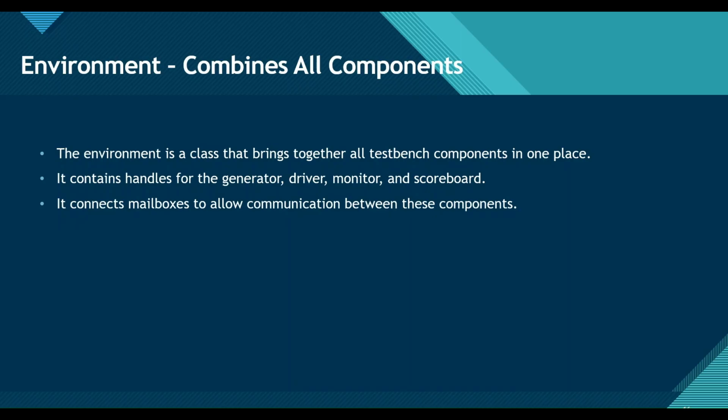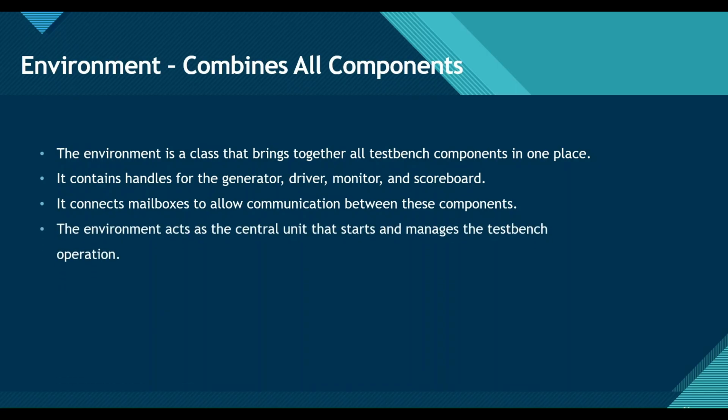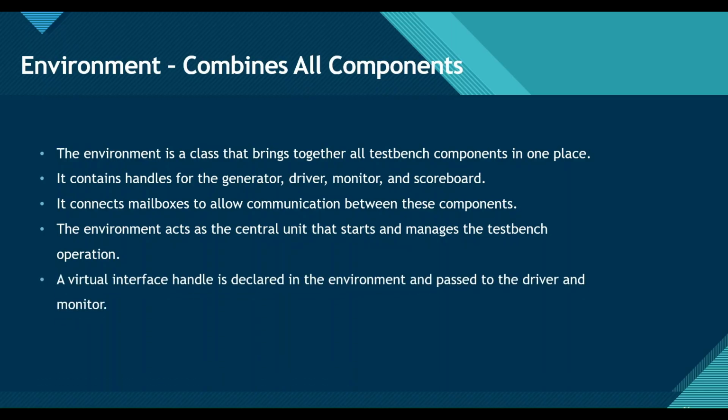It contains the mailbox to allow communication between these components. The environment acts as the central unit that starts and manages the testbench operation. A virtual interface handle is declared in the environment and passed to the driver and monitor.